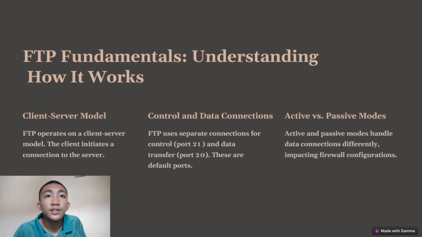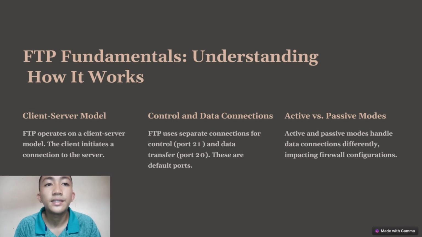These connections are established using TCP on ports, typically 21 for control and 20 for data. FTP utilizes two TCP connections. First is the control connection, which typically uses port 21. Second, the data connection, which typically uses port 20, but can also be a dynamically assigned port in passive mode.